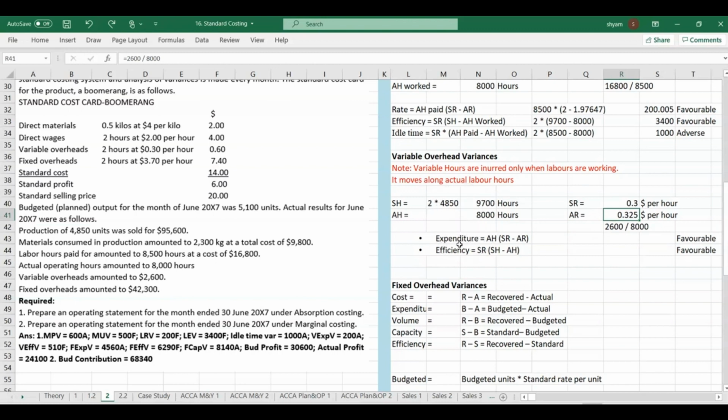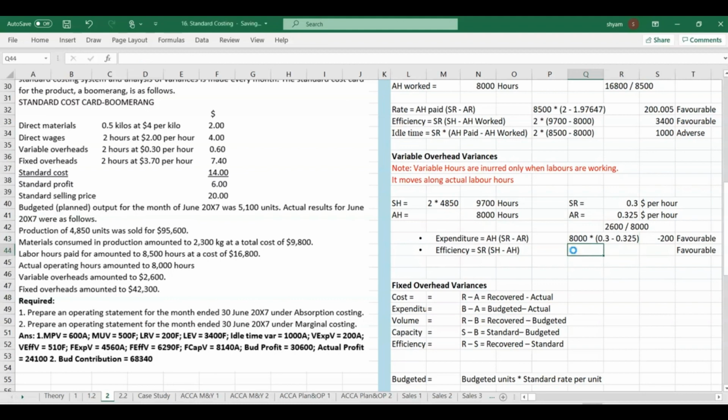Next we'll work out the expenditure variance. So expenditure is 8000 into 0.3 minus 0.325. Let's see the answer. The answer comes to minus 200. Then we'll work out the efficiency variance.